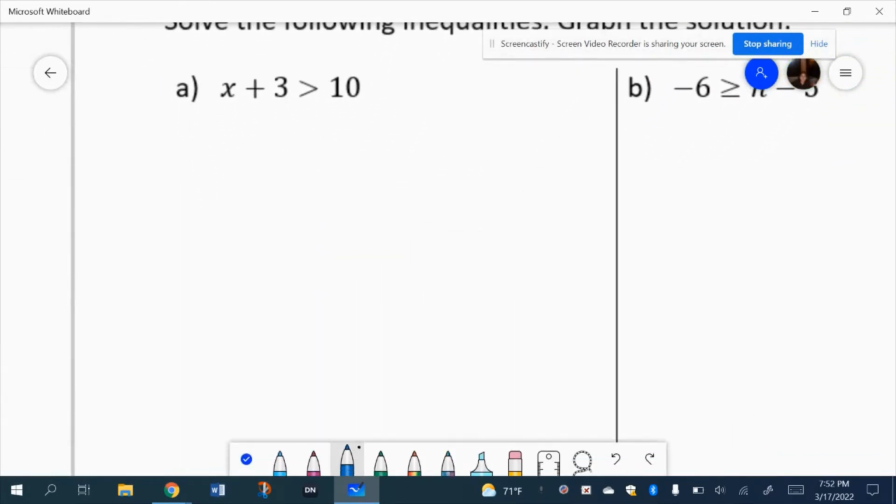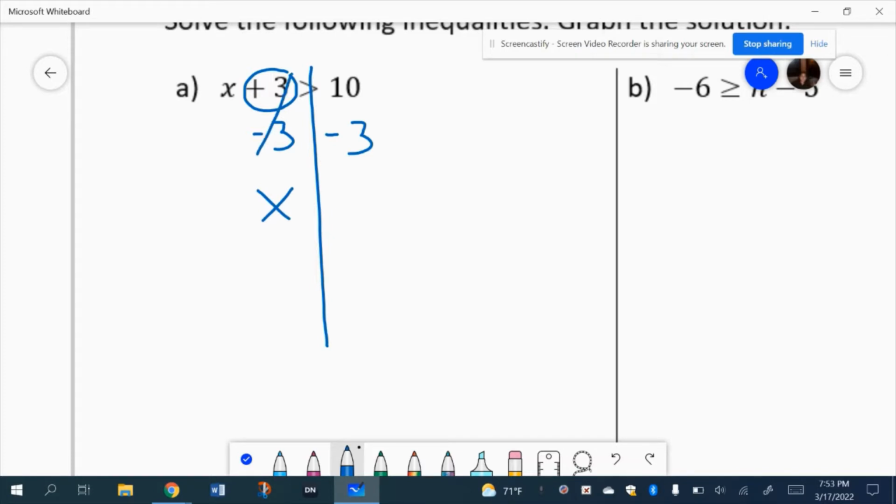So here we have our first example, x plus 3, that symbol is greater than, so we would say x plus 3 is greater than 10. We're going to draw our line, this time through the inequality. We don't have an equal sign. In order to get x by itself, I need to remove this plus 3. I do that by subtracting 3. My 3's cancel.